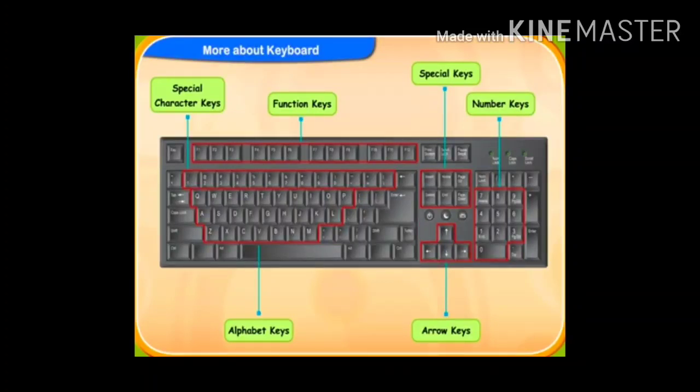These keys can be classified as follows: letter keys A to Z, number keys 0 to 9, keys for mathematical operations, keys for punctuation marks, keys for special symbols like dollar, hash, at the rate, cursor keys also called arrow keys, function keys from F1 to F12, special keys like enter, shift, alt, delete, etc.